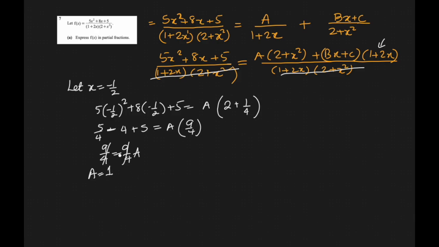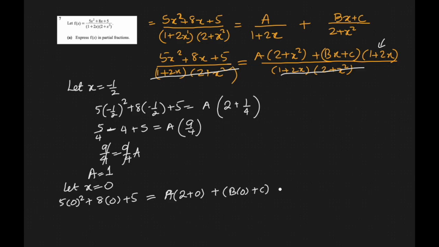Now to find b, let's assume x equal to 0. That will make both calculations easy. So 5 times 0 square plus 8 times 0 plus 5 equal to a times 2 plus 0 square plus b times 0 plus c multiplied by 1 plus 0.